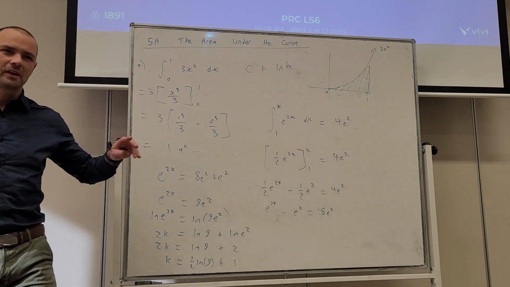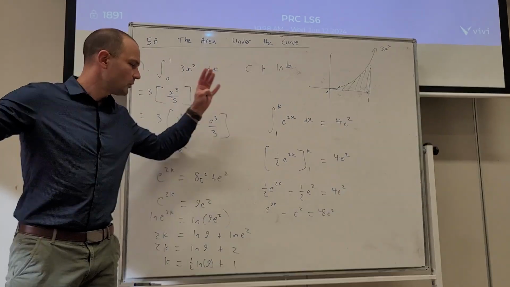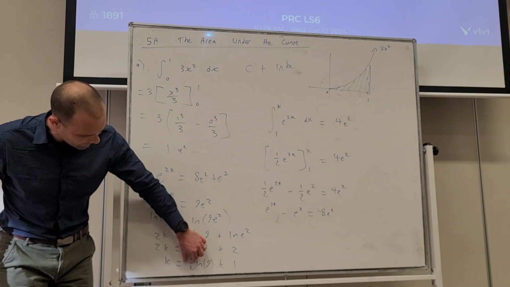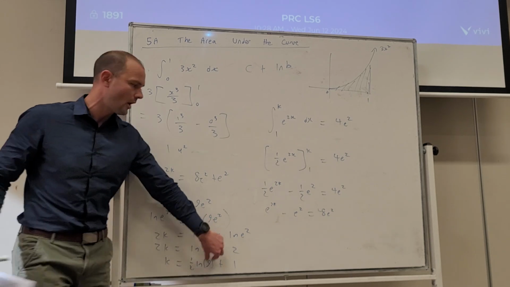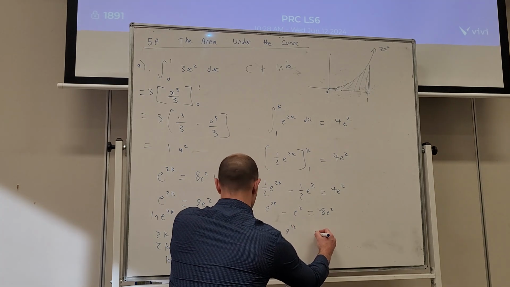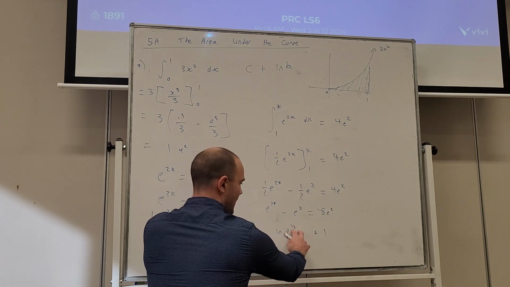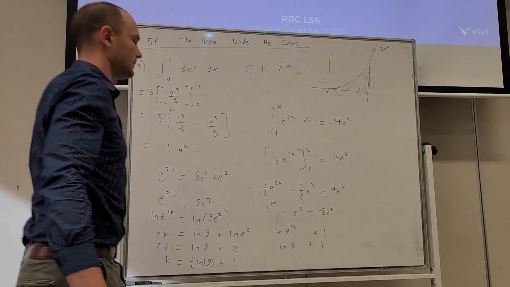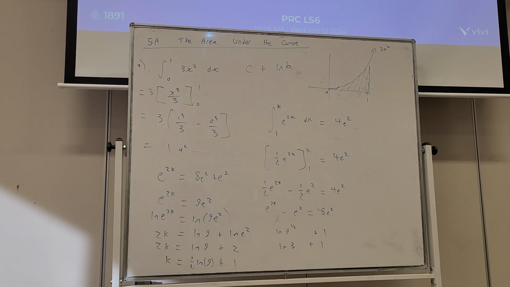And just one more thing, because with logarithms there are so many ways that we can present the answer, is this half. Whenever we have a number out front, that could be a power on the 9, right? So we could have ln of 9 to the half plus 1, and 9 to the half means square root of 9, ln of 3 plus 1, okay? That could be a way it's presented.